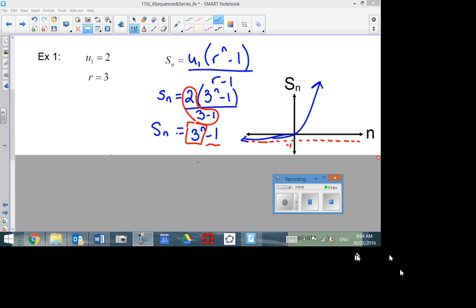A rough sketch, but that's about what I'm looking at here. So if my sum continues to go up and up and up, I'm going to wind up going to infinity. So it does make sense that if my ratio is 3, or anything larger than 1 or less than negative 1, I'm going to wind up with this infinite sum, because it's just going to continue to get larger.